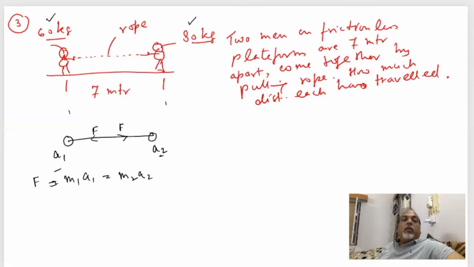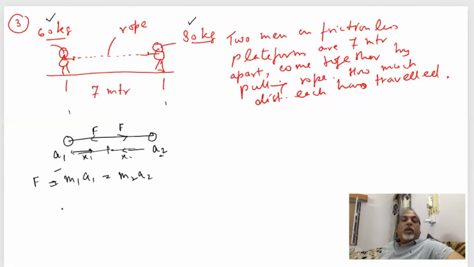And then suppose this is moving x1 distance and this is moving x2 distance, then what will happen?